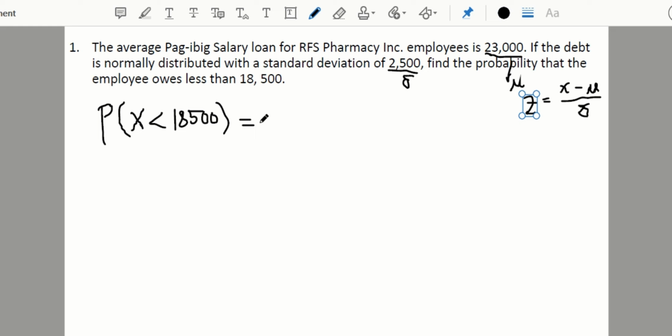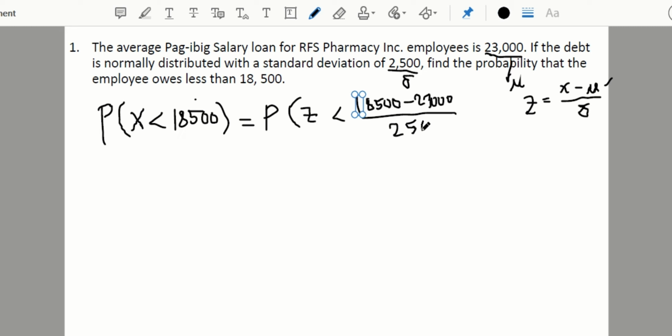Okay, so this will become P of z less than, we will substitute the given: 18,500, which is our x here, minus our population mean, which is 23,000, and we will divide this by 2,500.